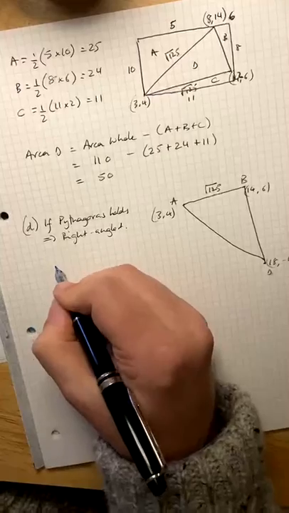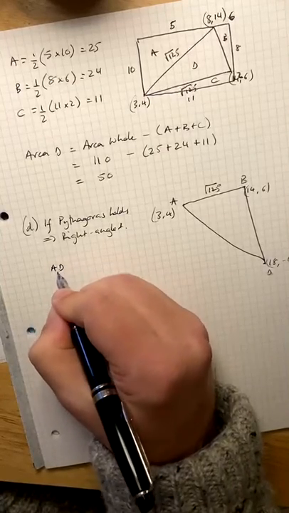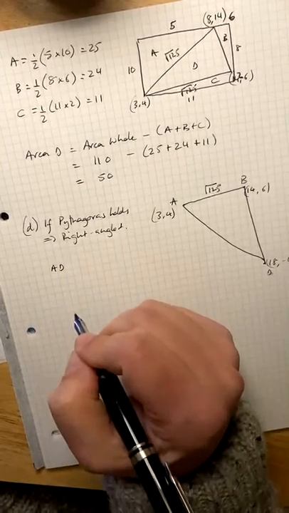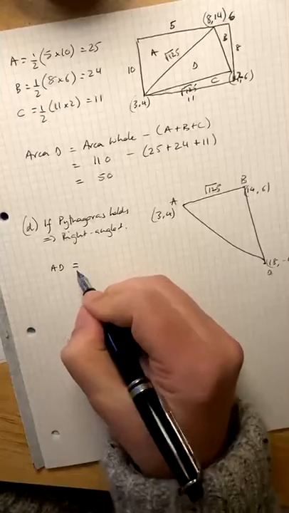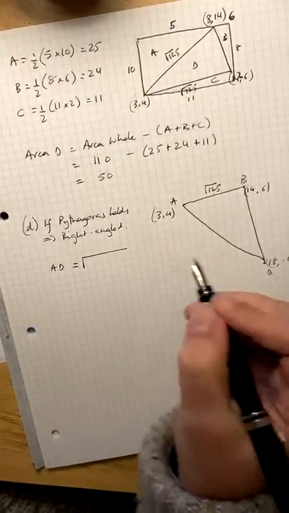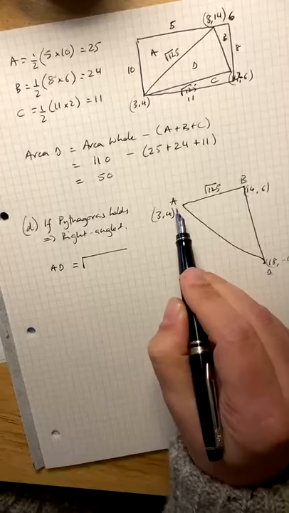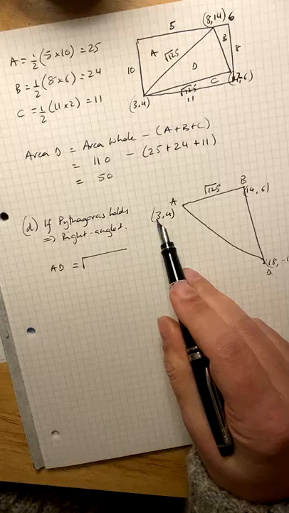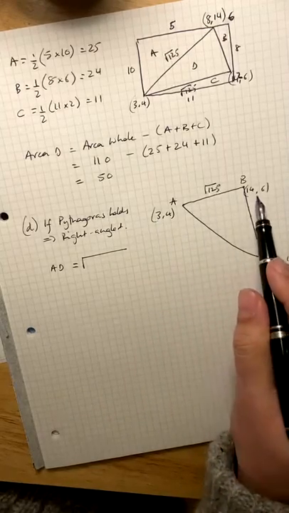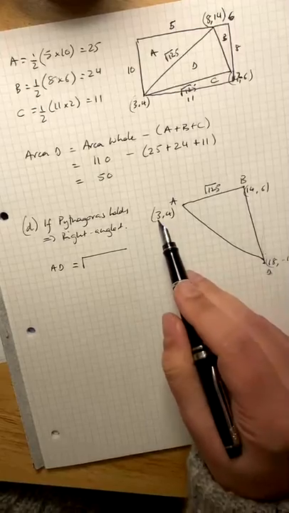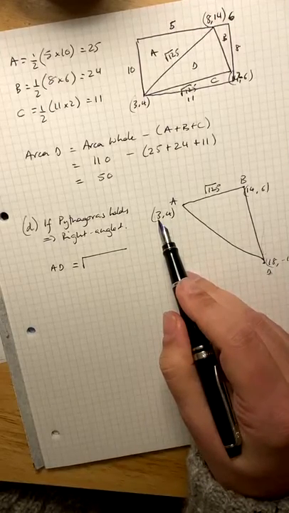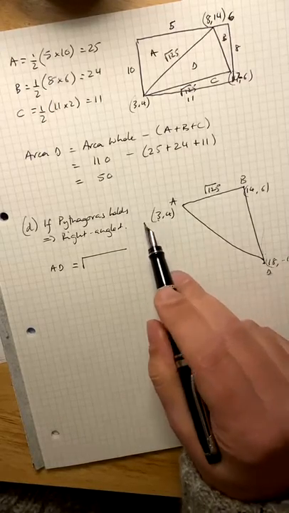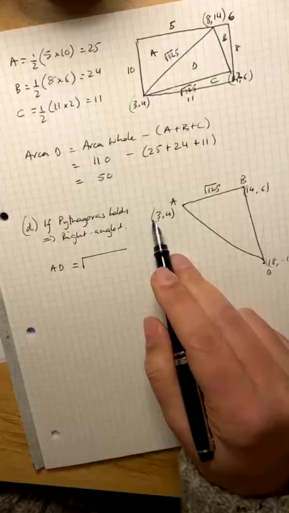AD is the square root of, you've got this sort of right angle, so it's, sorry, getting a bit blank.